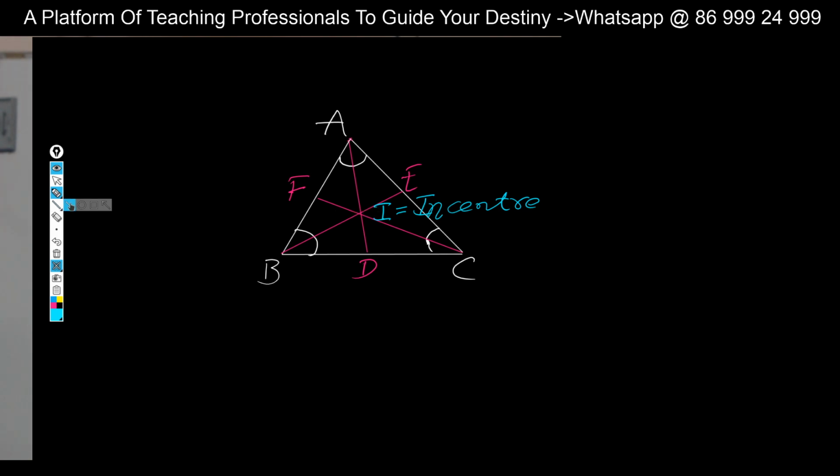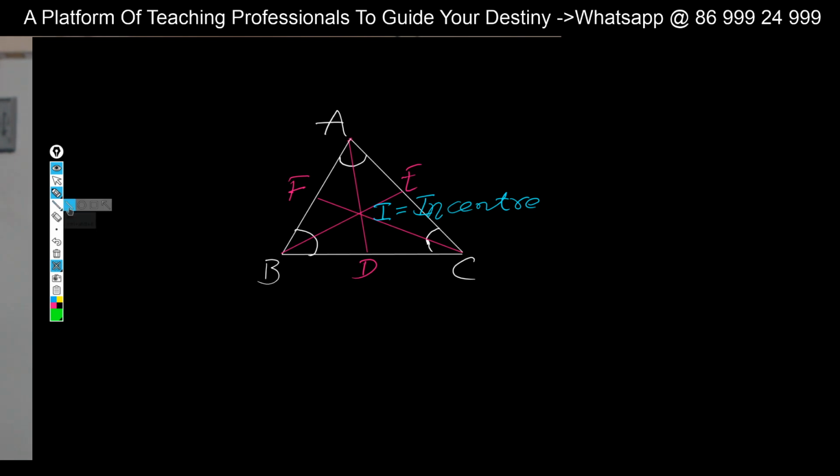Then how do we get its radius? The radius of this circle, the incircle, is got by simply drawing a perpendicular line from any side to the incenter. Sorry, this is from the incenter.